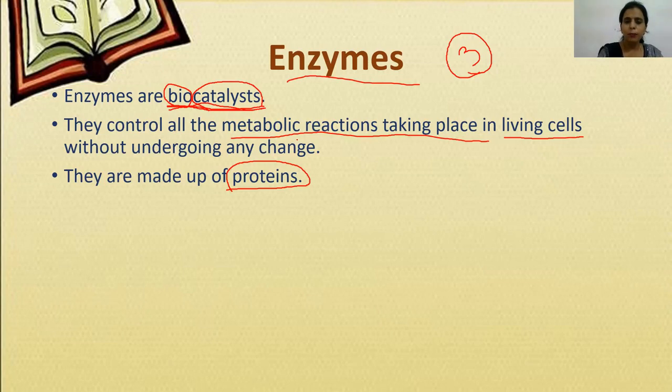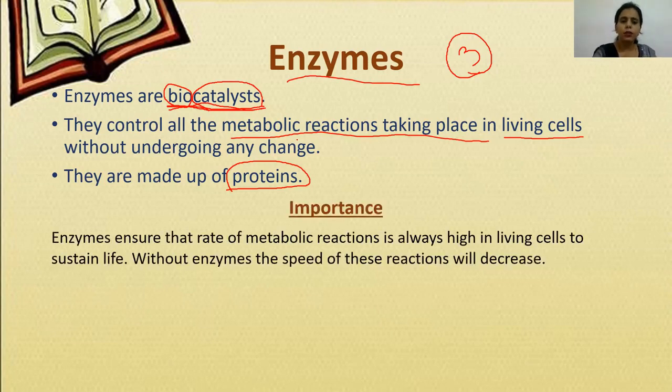Fine. And what is the importance of enzyme? Enzymes are important because they ensure that the rate of metabolic reactions is always high in living cells. This is very important, to sustain life. For example, if these metabolic reactions occurring in living cells take place at a very slow rate, what will happen?